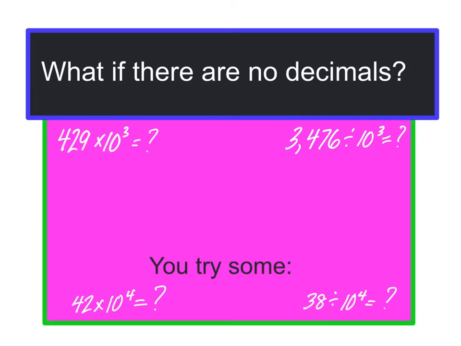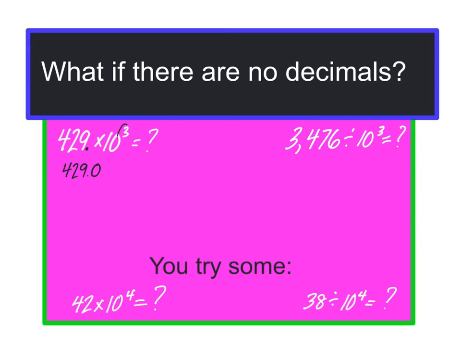All right. What if there are no decimals? Okay, well, though 429 does not have a decimal, there actually is one, and our decimal kind of hides to the right of the ones place. So 429 I could rewrite as 429.0. Now I have that decimal that I need. Now I look at my problem, I have multiplication, so I'm going to the right.